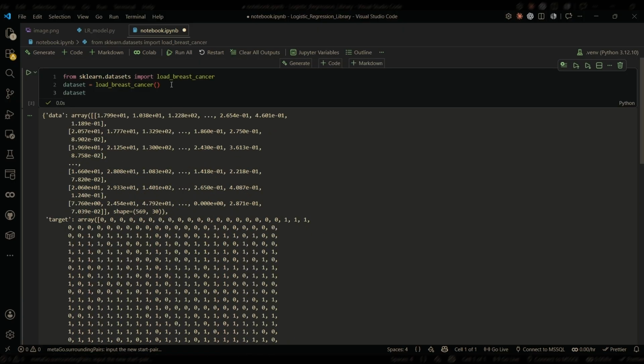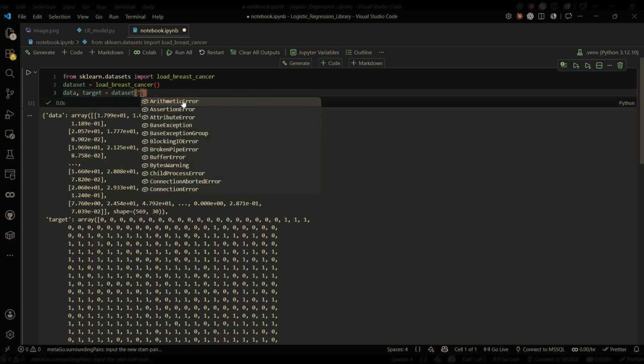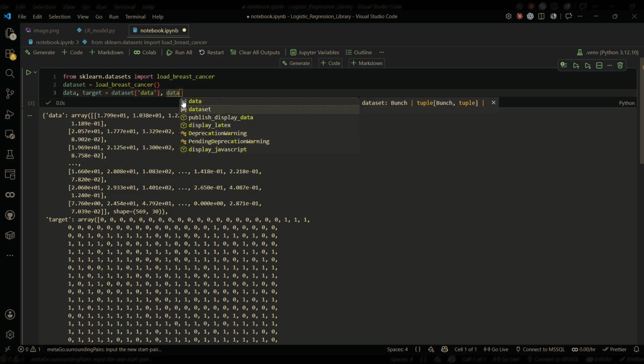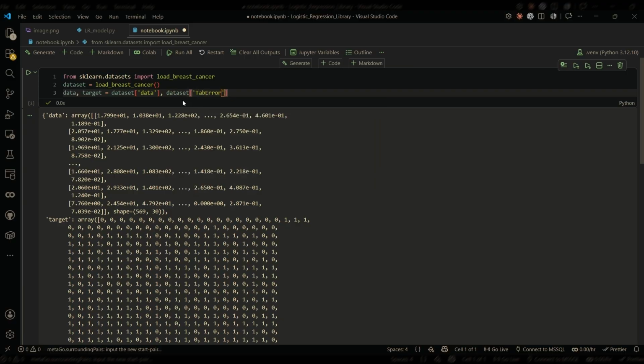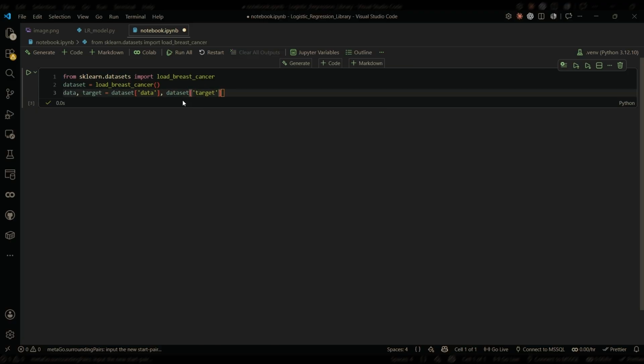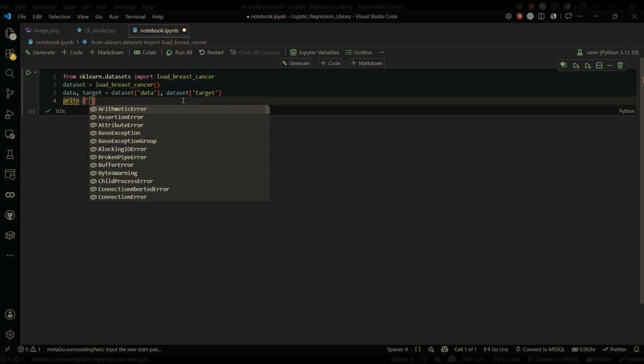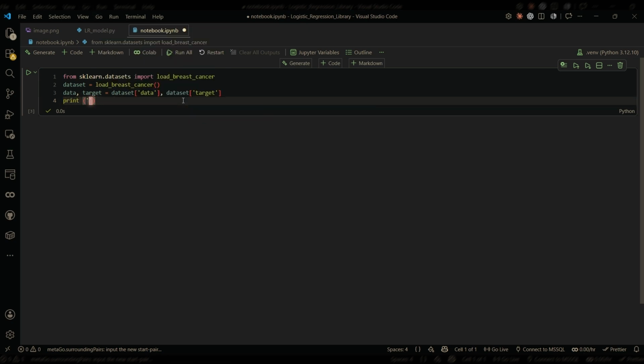There are data and target inside. So we have data and target. Just store them inside here as well, and target. Data shape.